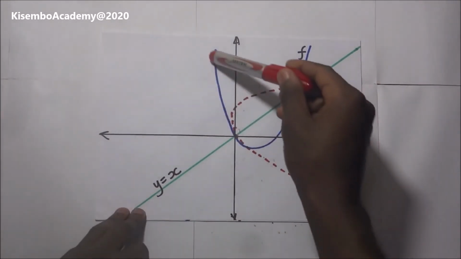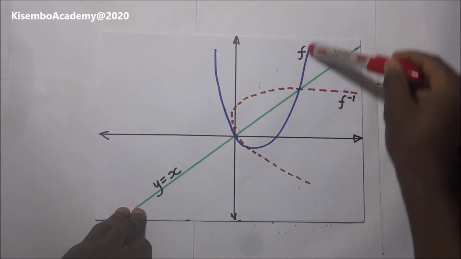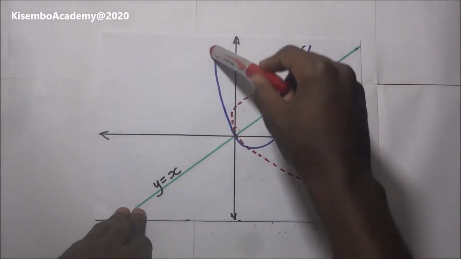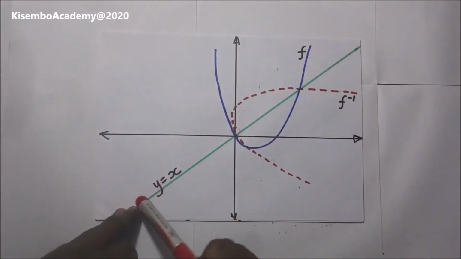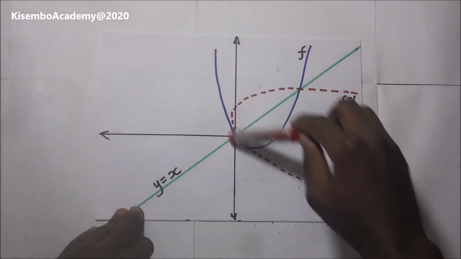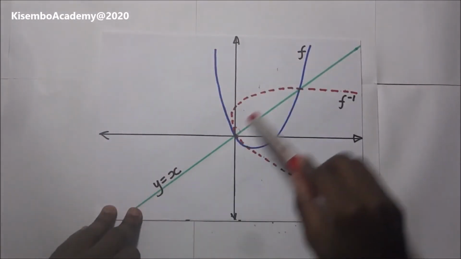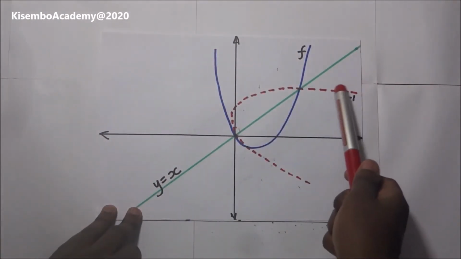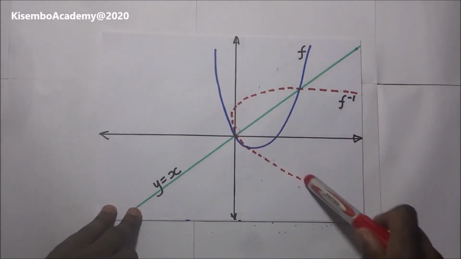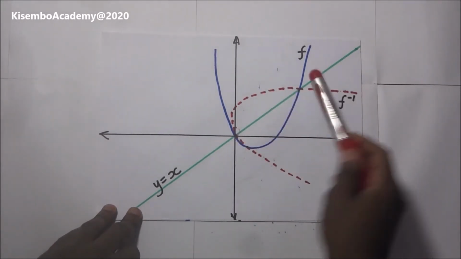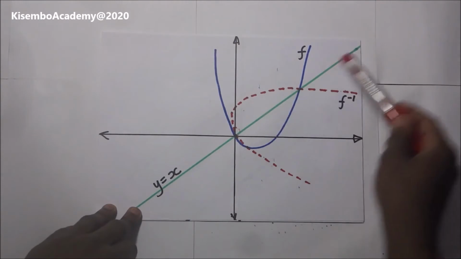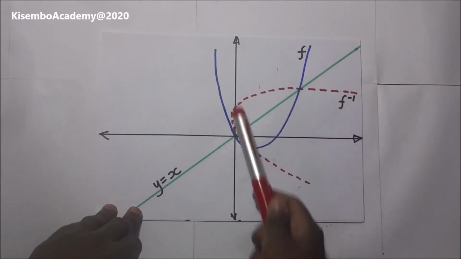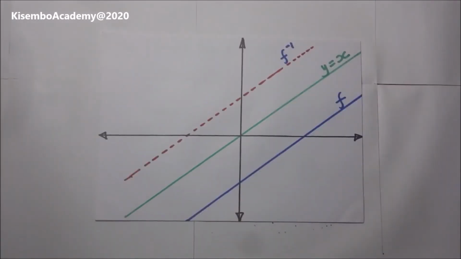So if this quadratic function is reflected along that line, this is the inverse of that quadratic function. And you realize that the inverse of the quadratic function upon reflection along this line is giving us a relation.